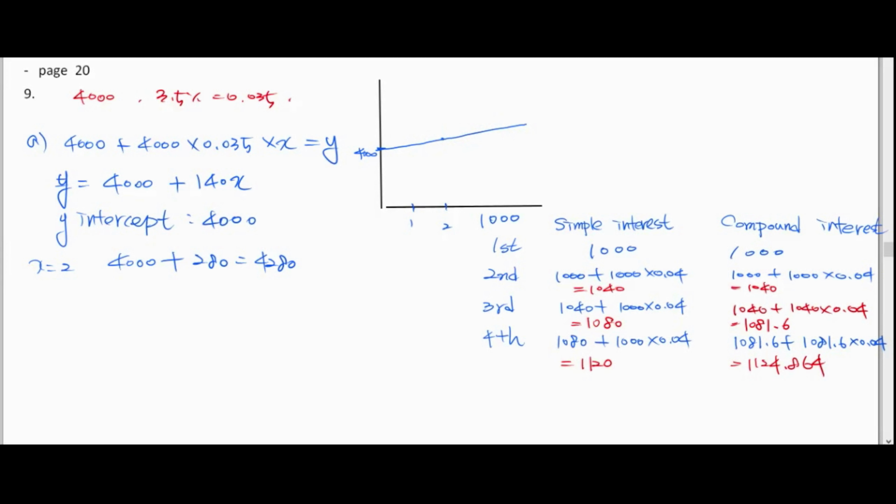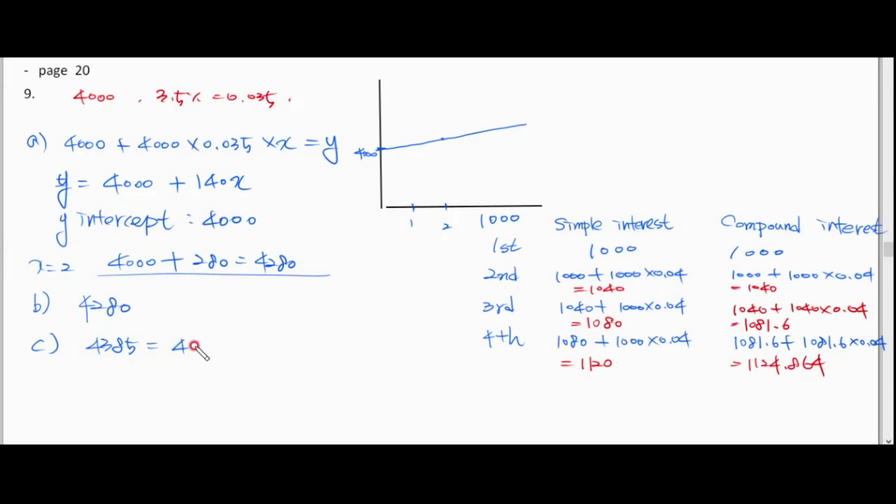Using the graph, we should determine the value of their investment after 2 years. But because our graph is a bit too rough, we will just find it using the equation. It will be 4,280, so that will be the answer. And for C, we should use the equation to determine when their investment is worth $4,385.